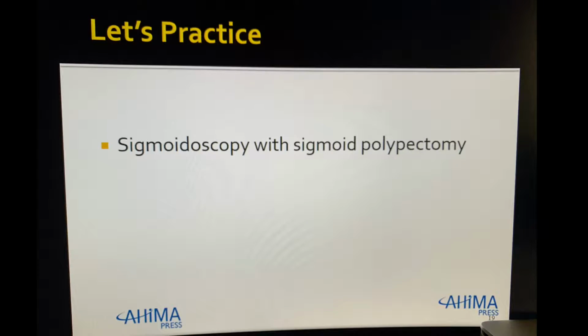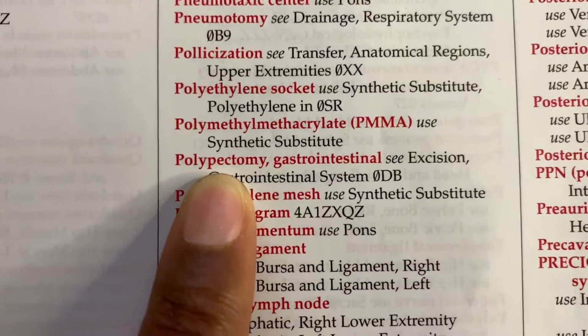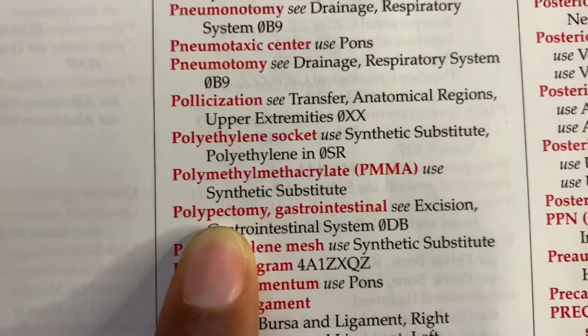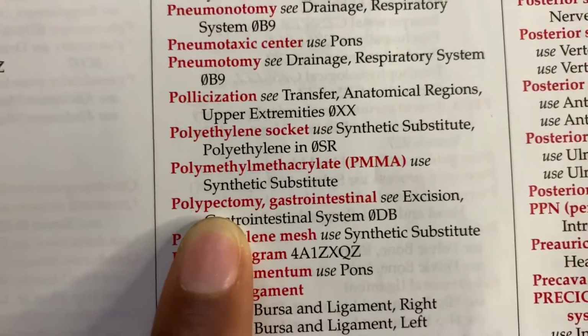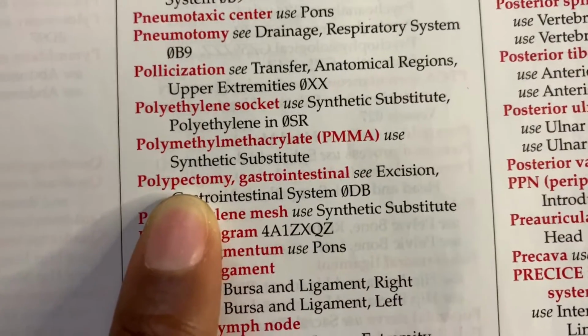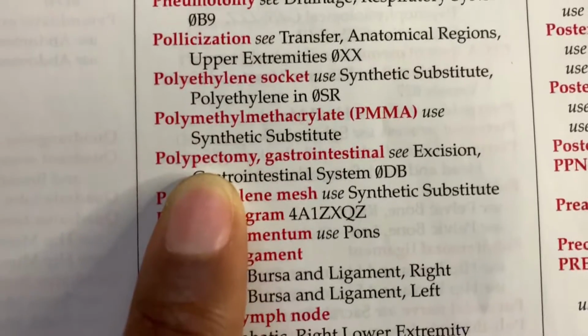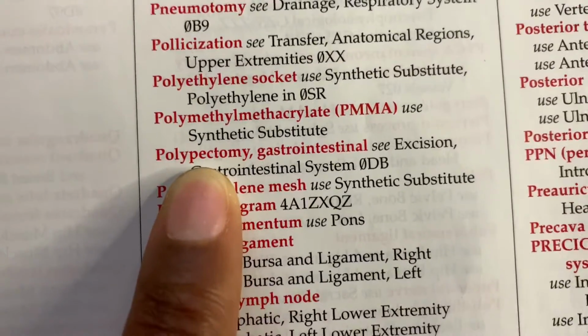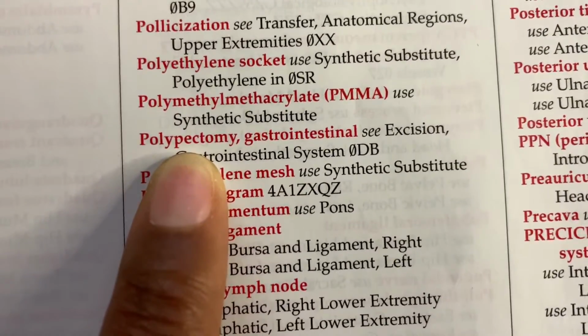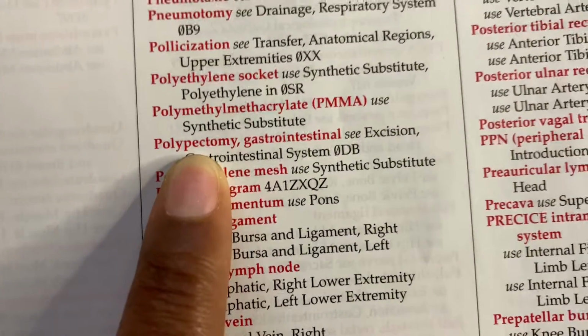We're going to walk through the code book of how we would code this procedure. The first step would be to locate the action. So actually, what was the intent of the procedure? And that was the polypectomy. So we will go there within the alphabetic index, which is located in the back of the code book.